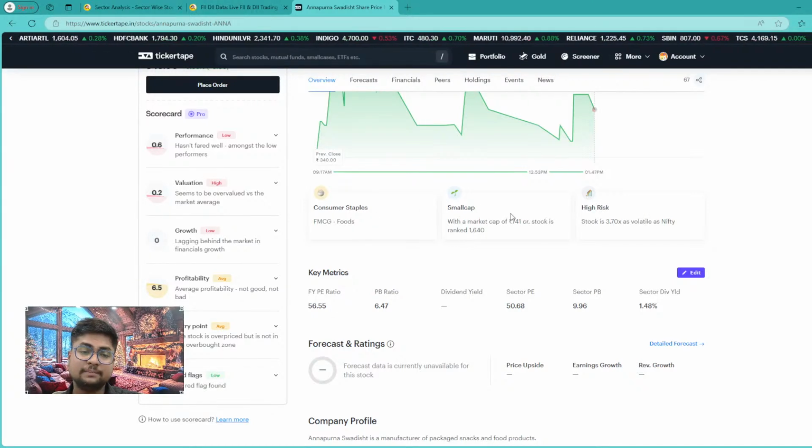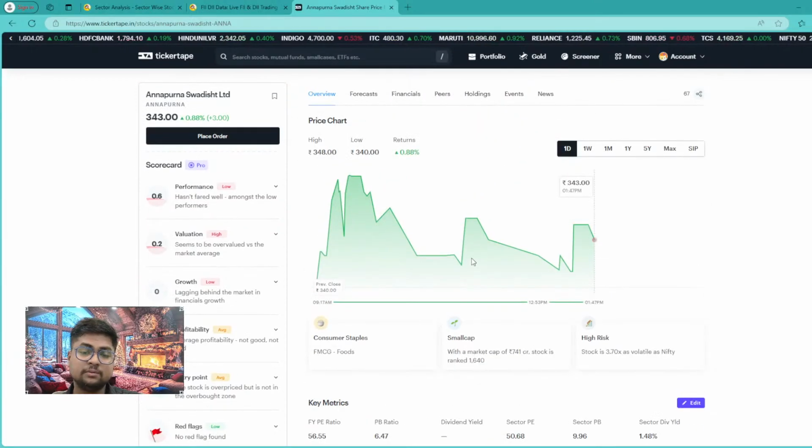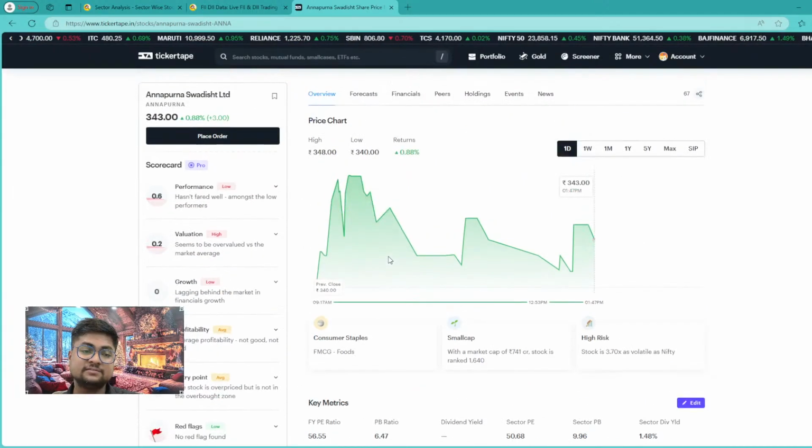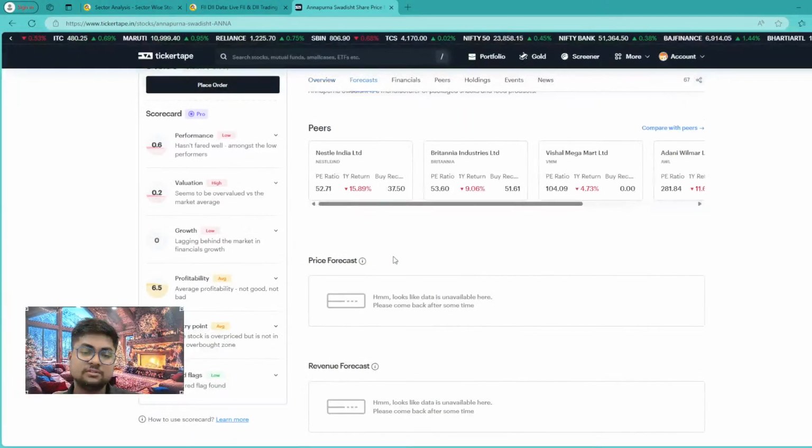It's a small cap stock of around 741 crore. The stock has a volatility of 3.7, as volatile as Nifty, so it has very high risk and is very volatile as of now. Now just have a look.